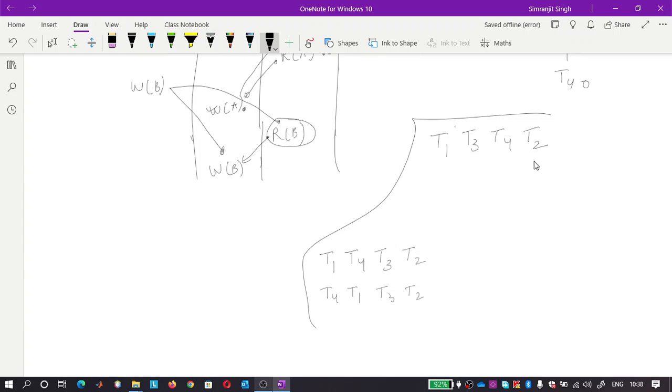Actually the procedure of the topological sort is like this: you have to just delete the part that you have already considered. If the transaction T1 is considered, you have to delete it and again calculate the in degree.